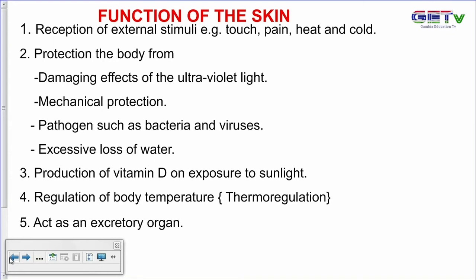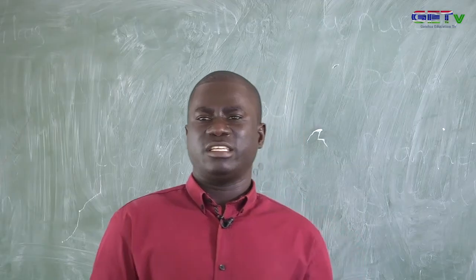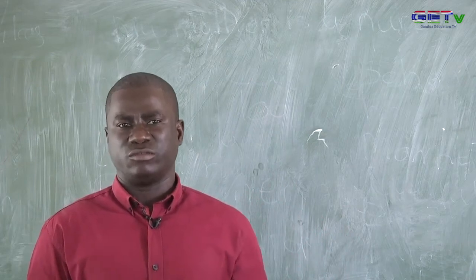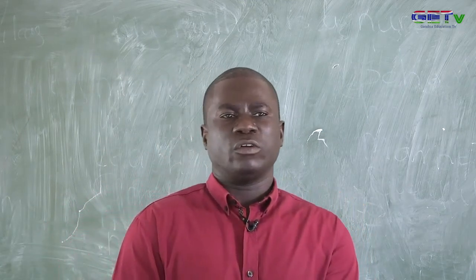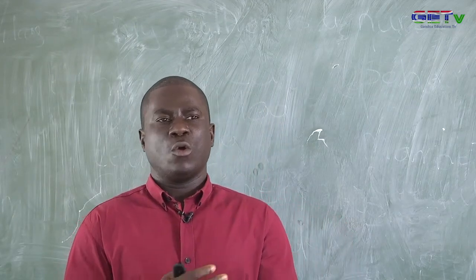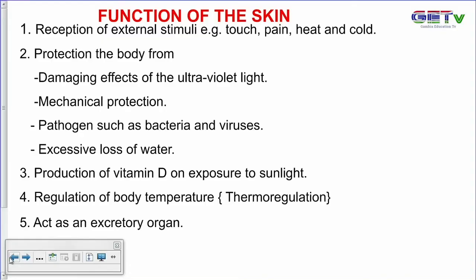Another thing, we said the skin protects our body from the dangerous effect of what? UV rays. We know that the sun produces rays, and these rays are ultraviolet rays. The danger is for some people who bleach. When they bleach, they remove the melanin component of the malpighian layer.